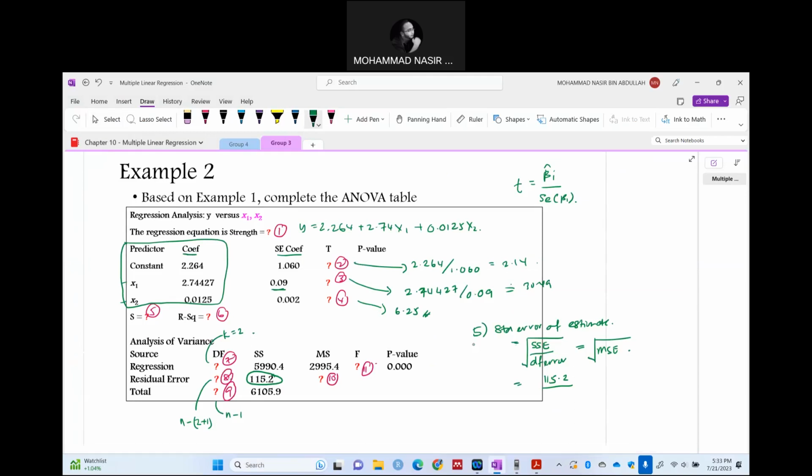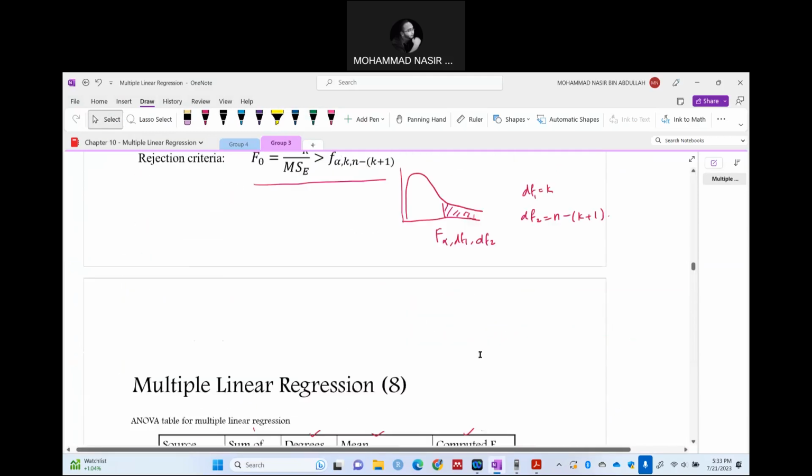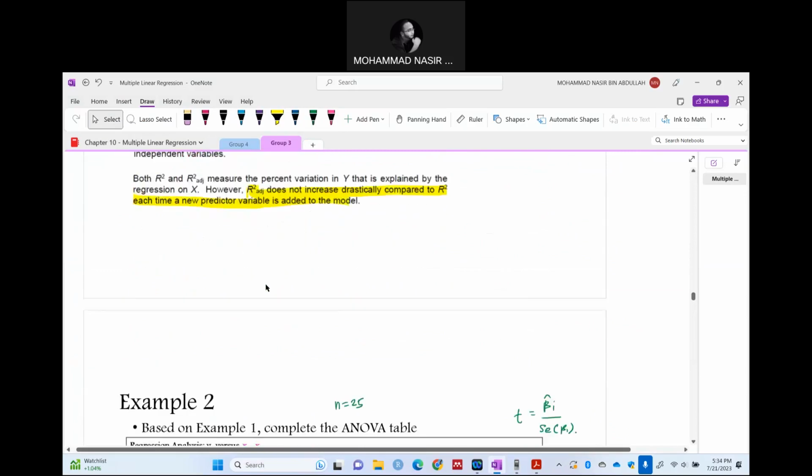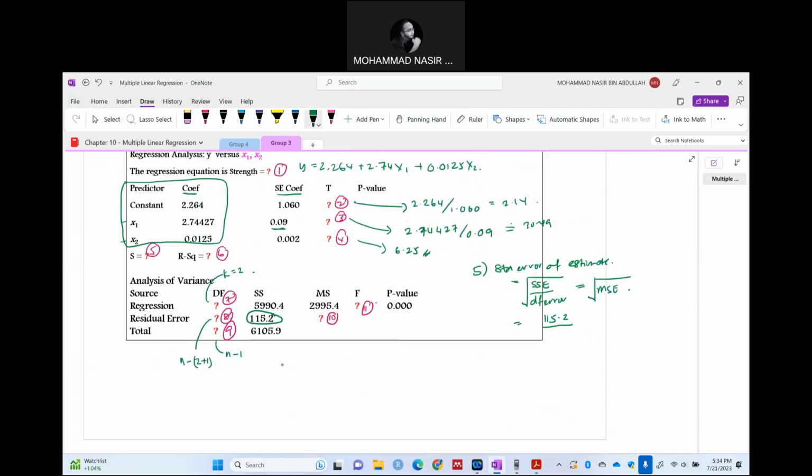So example number 1, we have n equal to 25, right? So number 9 should be 24. Number 8 should be equal to 22, right? So this one divided by 22, square root, we can get 2.288. So this is the standard error of estimate.